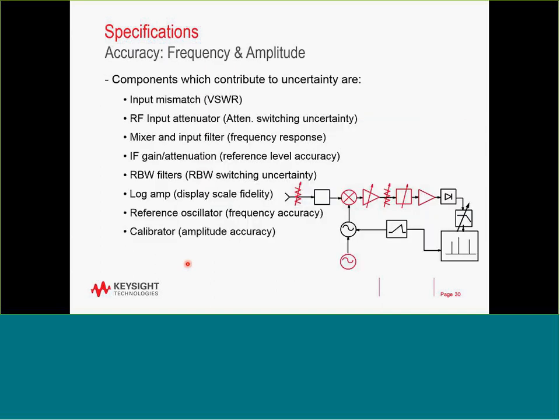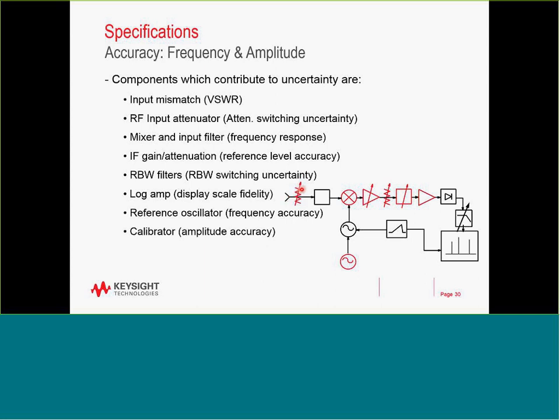If we look at the contributors to frequency and amplitude uncertainty, first at the input, there's the input match. Well, the input match, or the voltage standing wave ratio, is important because anything that is reflected back is not going to be measured. To improve the return loss, or the input match, you put in an attenuator.